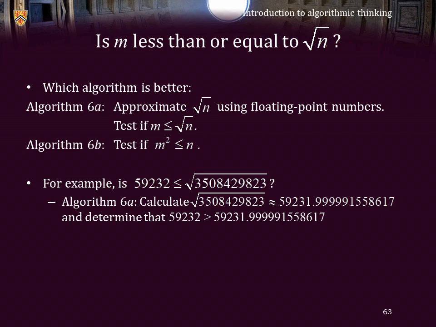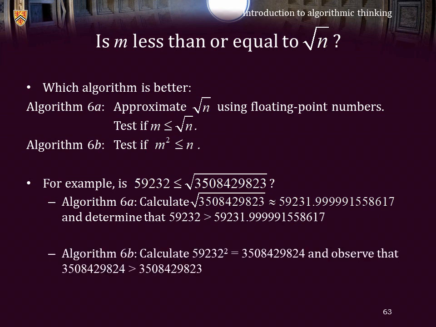You would then see that 59,232 is in fact greater than that calculated number, and therefore we would return false. Algorithm 6b calculates the square of 59,232, and then we observe that that squared number is greater than the given number n, and therefore once again we return false.